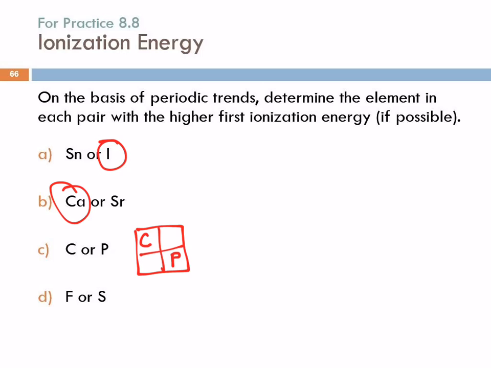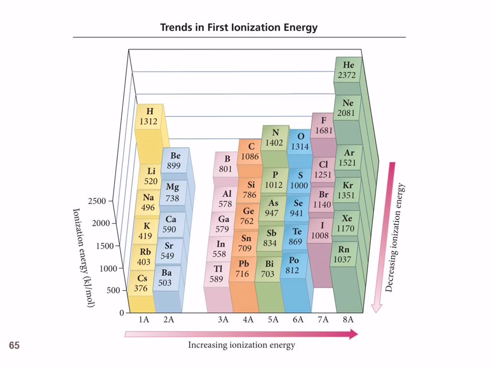Opposing trends. Well, it says if possible. So the safest answer here would be it's not possible. Can't tell. What if you were forced to choose? Let's look at this graph.